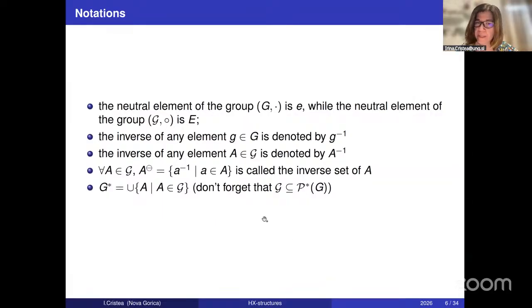Pay attention that we can also consider the set of the inverses in the group G, and this is called the inverse set of the set A. And then we can construct another set, G star, which is the union of the subsets of the elements in the HX group.